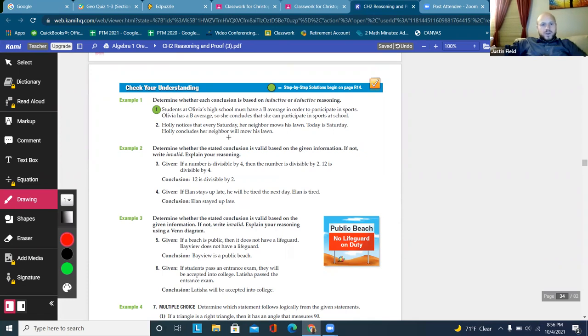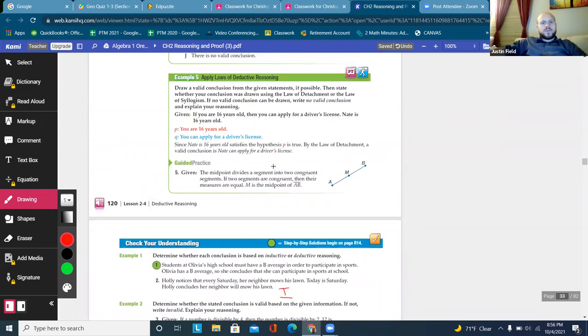I'm sure that one is. Holly notices that every Saturday her neighbors mow his lawn. Today is Saturday. That's inductive. It's following a pattern. Now it may or may not happen, but there's a pattern here. It's Saturday. I think you're going to mow your lawn. You did it the last 5 Saturdays. So that is inductive reasoning. There's a pattern. So hopefully that helps you.